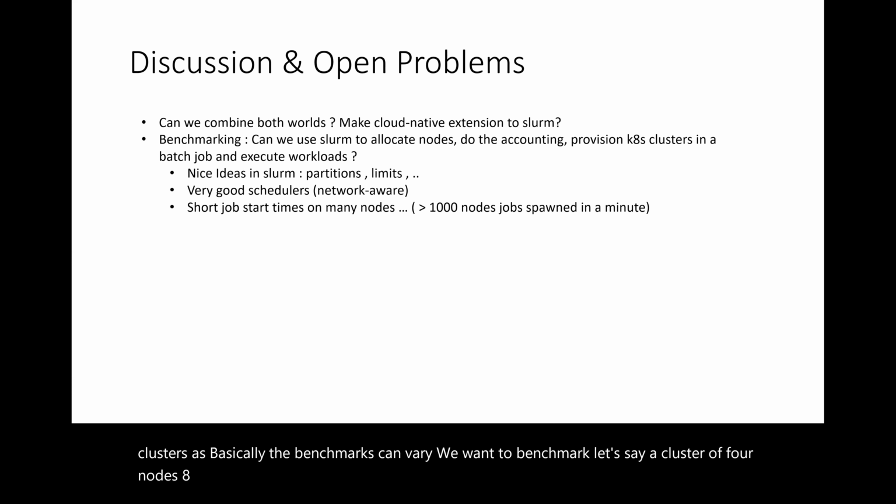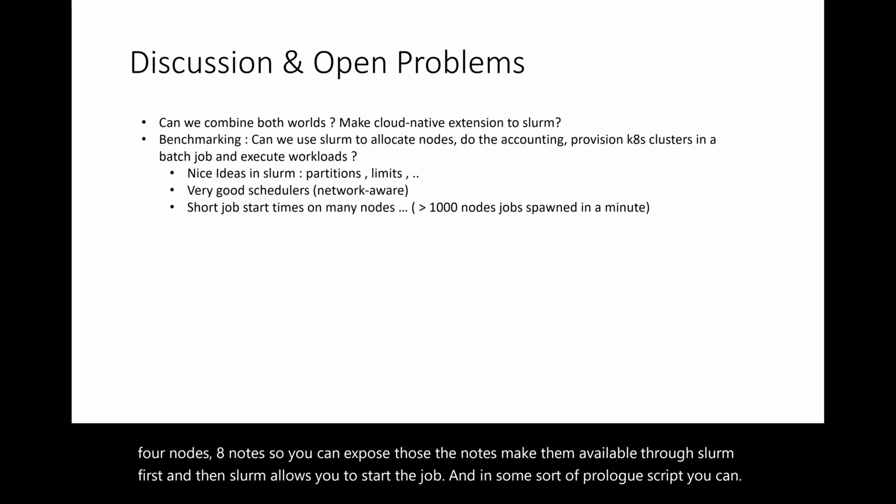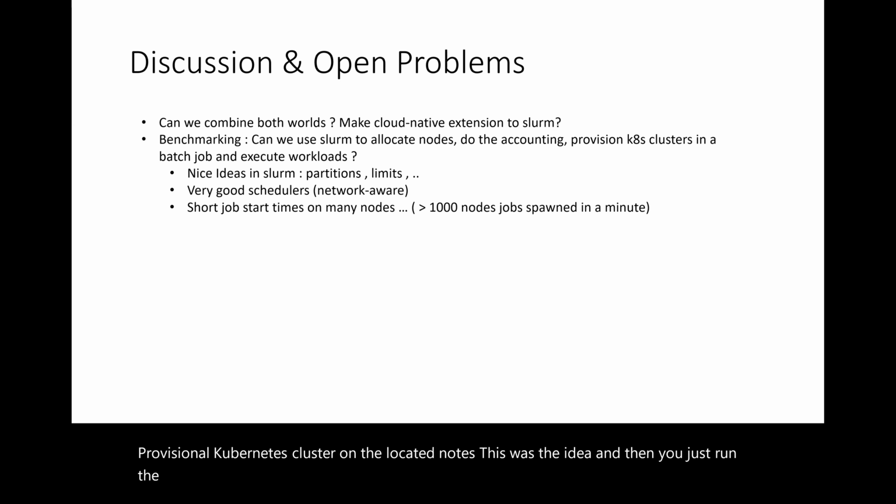You expose the nodes through Slurm first, and then Slurm allows you to start a job, and in some sort of prolog script you can provision a Kubernetes cluster on the allocated nodes. Then you just run the benchmark, gather the results, and at some point the job is completed.